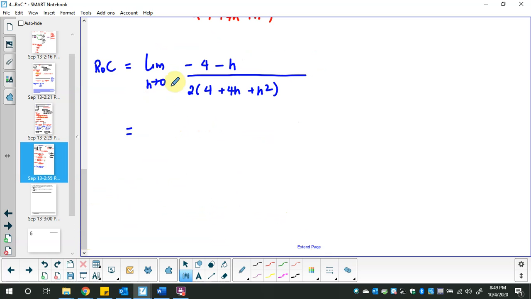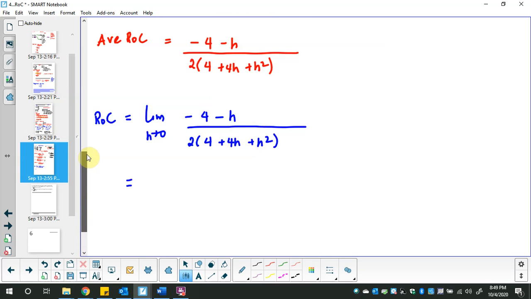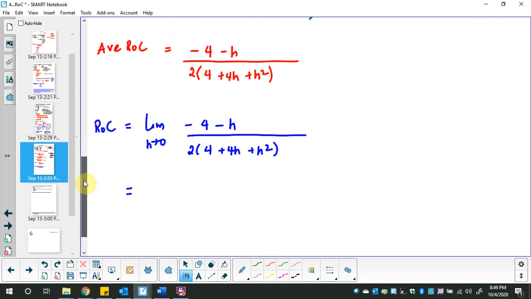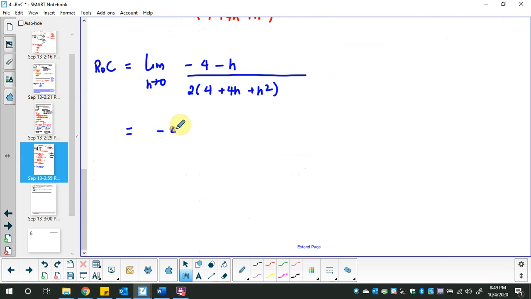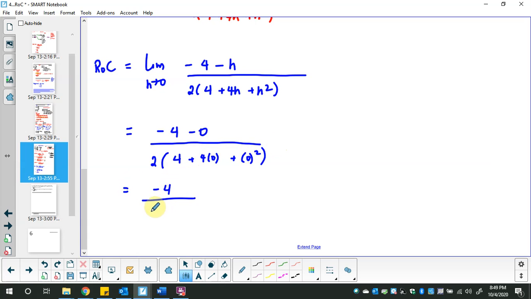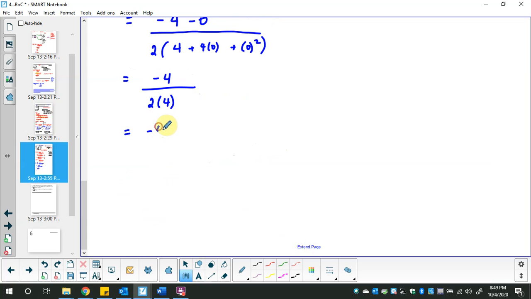And now, because all your previous work was done in red, you get to put the 0 in. And at this point, you can show as much or as little work as you want. So plus 4 times 0 plus 0 squared. So 0, 0. -4 over 2 times 4. -4 over 8. And yes, you have to reduce all your fractions.